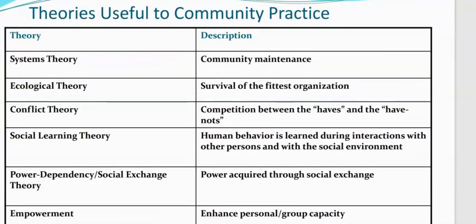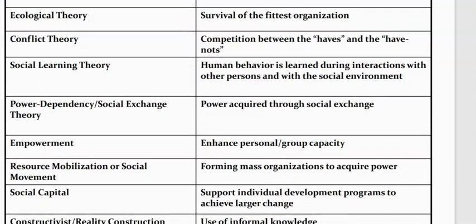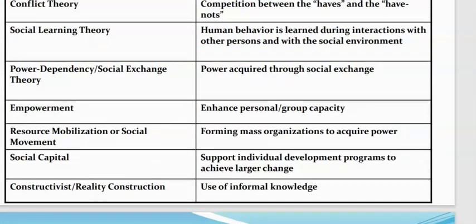Theories useful to community practice are systems theory, ecological theory, conflict theory, social learning theory, power dependency or social exchange theory, empowerment, resource mobilization or social movement, social capital, or constructivist reality construction.